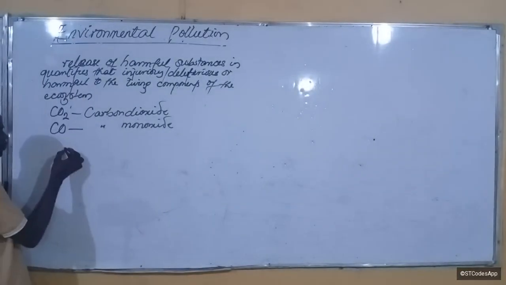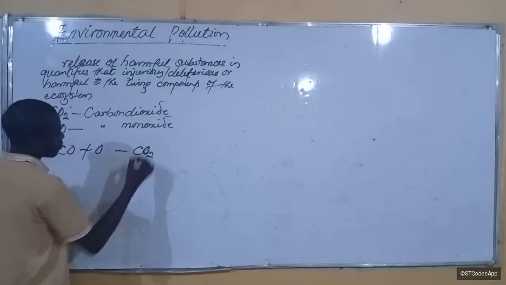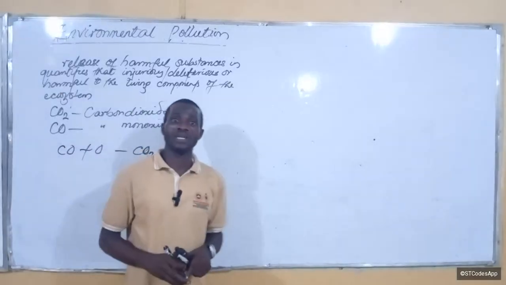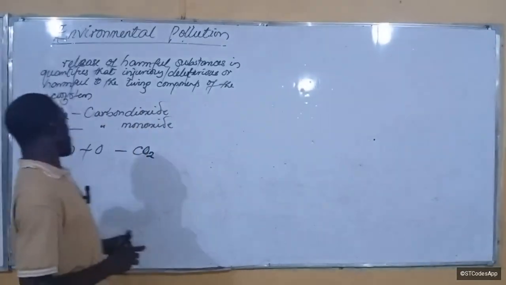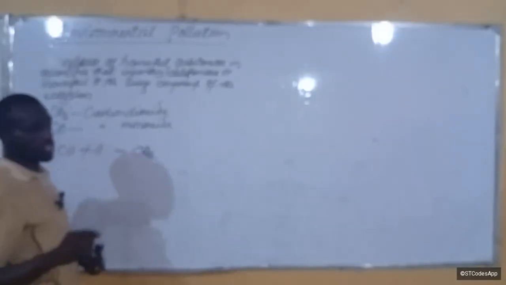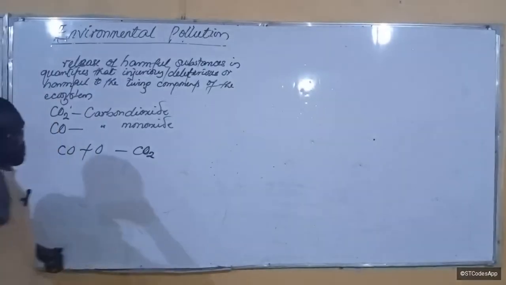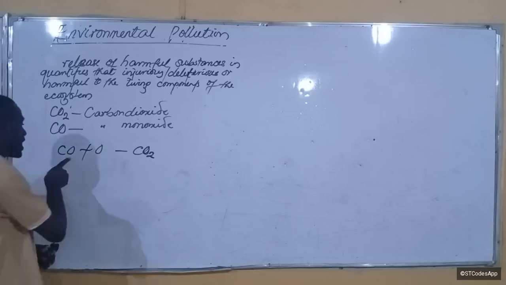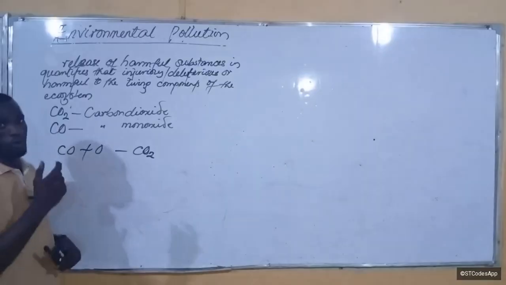Most often we see that CO is oxidized to CO2. The reason why we choke in an environment that is smoky is because CO is what is released in that smoke, carbon monoxide. When carbon burns in the wood, it releases CO. That's the reason why it's smoky: it undergoes partial combustion.